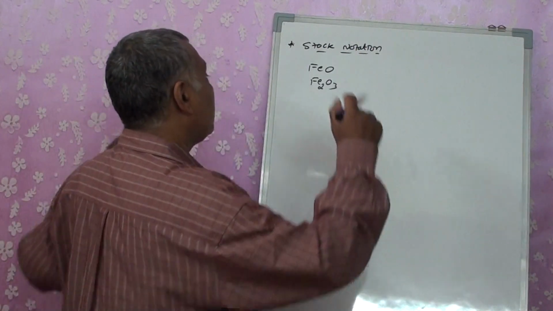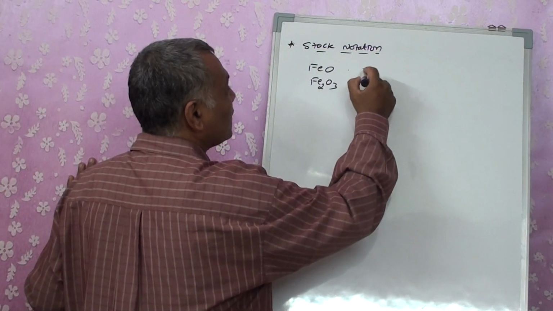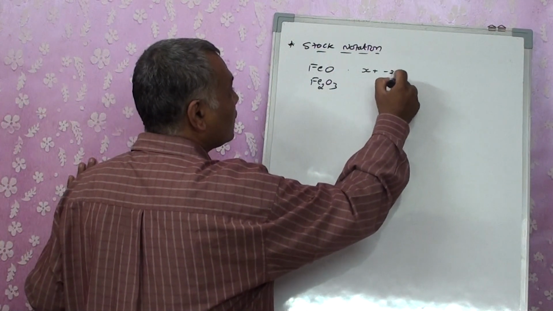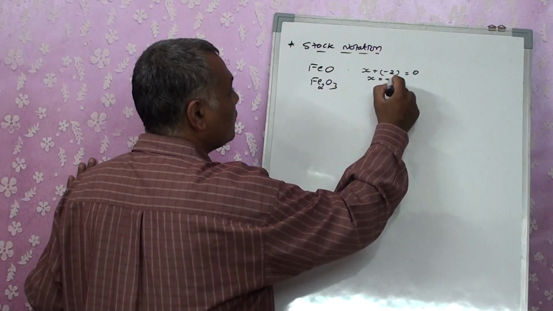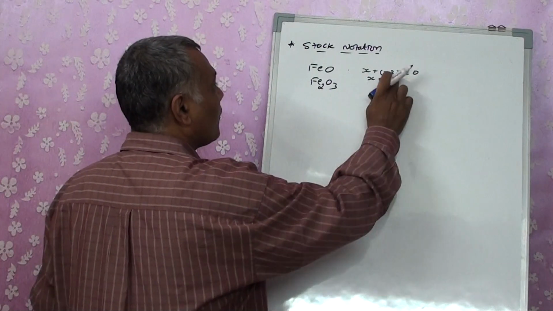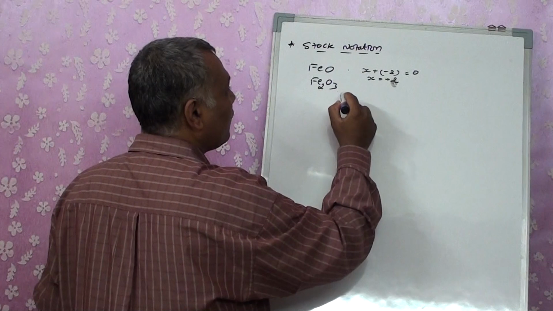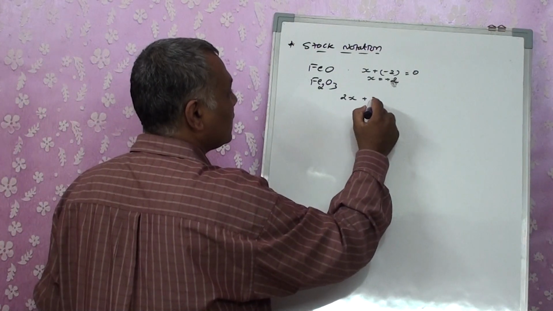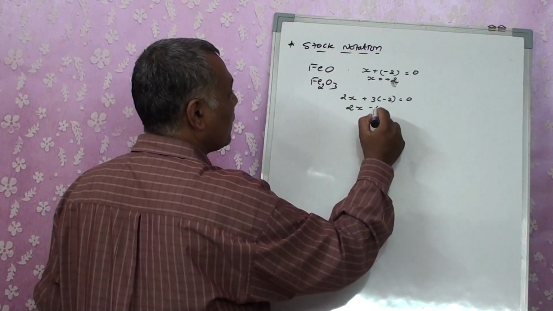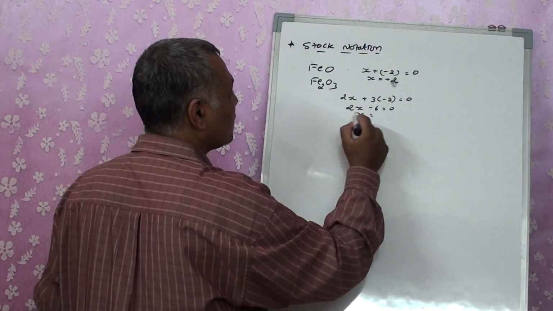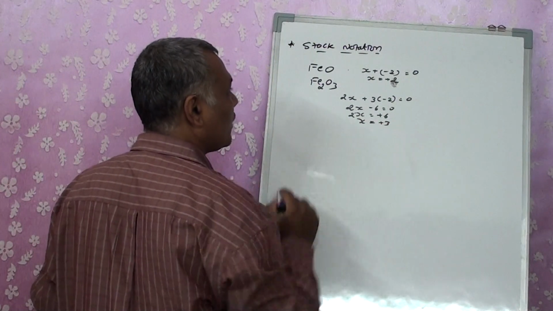Then you can see that as per the rules, if I calculate the oxidation number for this X, X plus oxygen minus 2 equals 0. So X is equal to plus 2. For this compound, I write 2x plus 3 into minus 2, so 2x minus 6 equals 0, 2x is equal to plus 6, so x is equal to plus 3.